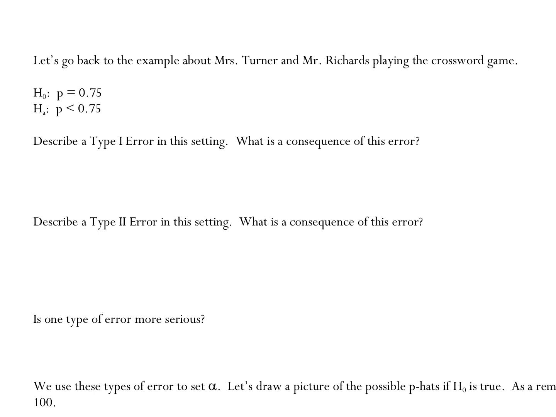So let's describe a type 1 error in context for this particular setting. Which hypothesis is true for a type 1 error? The null, because it's written first, right? So the error would be Mrs. Turner actually beats Mr. Richards 75% of the time.